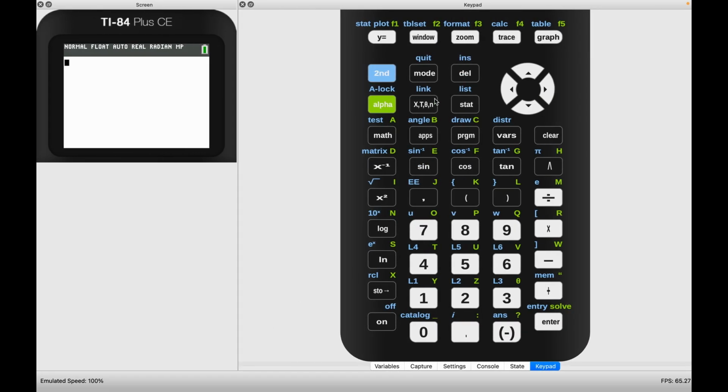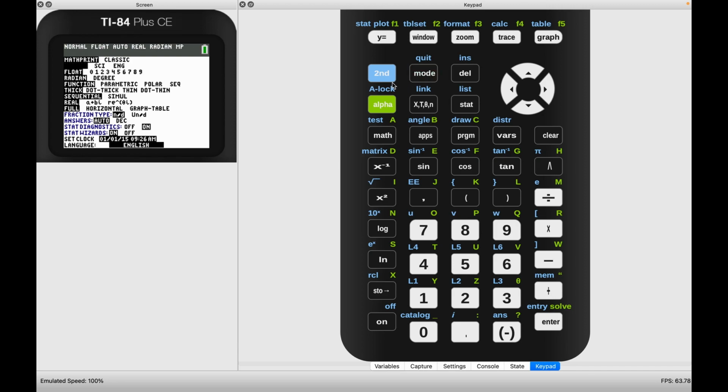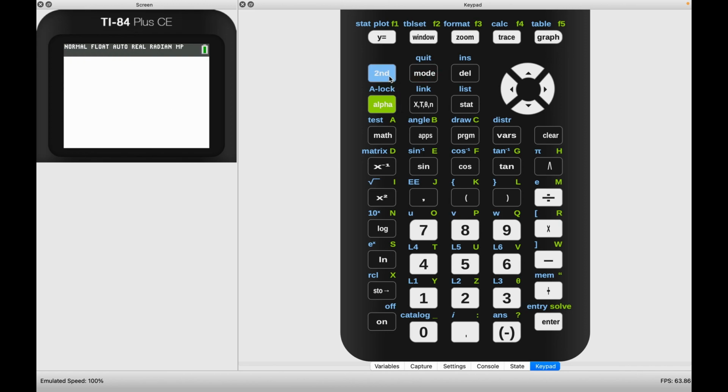So again, to make sure that you are able to see the diagnostic on a calculator that's newer, you can go down to Stat Diagnostics. So if you hit the Mode button and go down to Stat Diagnostics, make sure that they're on. If you have an older calculator, you can go to the catalog and scroll all the way to where it says diagnostic on.